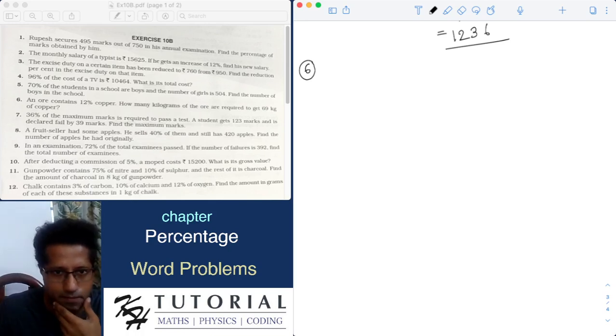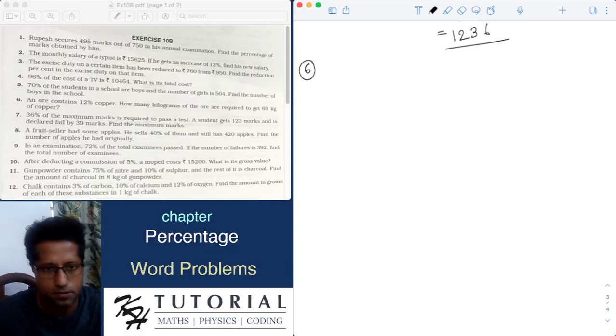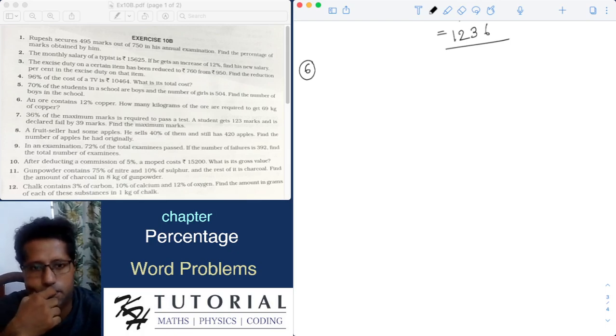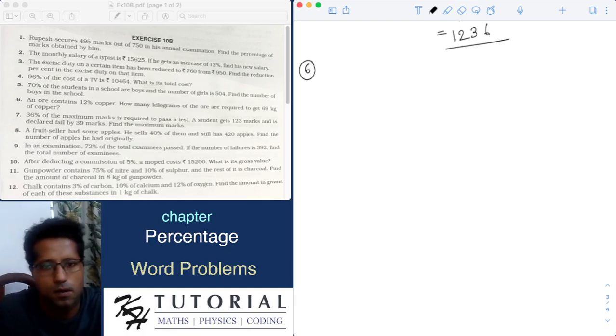Okay, so ore might be some, I don't know, what is an ore? Anyway, that ore contains 12% copper. So how many kilograms of ore are required to get 69 kg of copper?